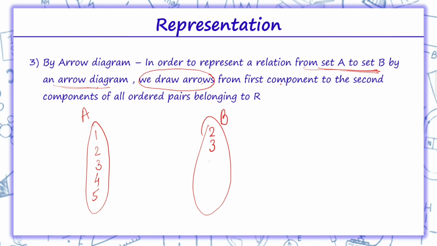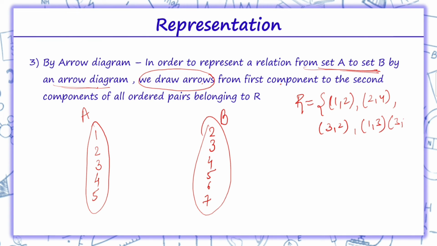B consists of 2, 3, 4, 5, 6, 7. This was given for set A and this was for set B. Now the relation was given to us. Relation was (1,2), (2,4), (3,2), (1,3), (3,4).